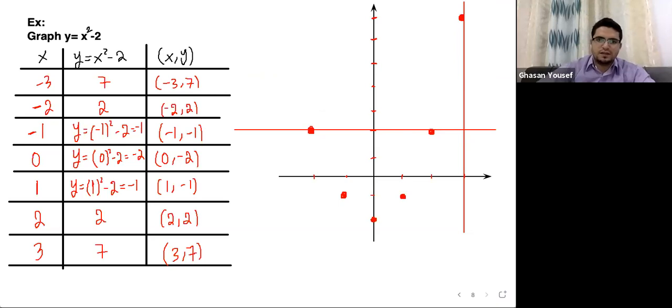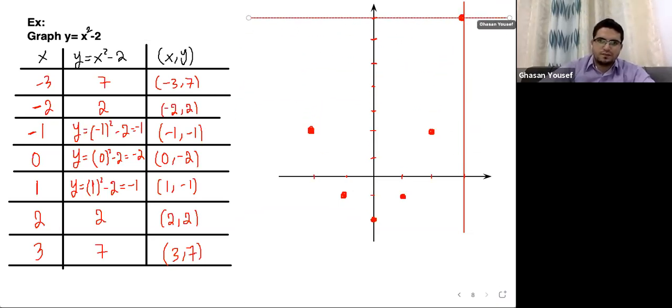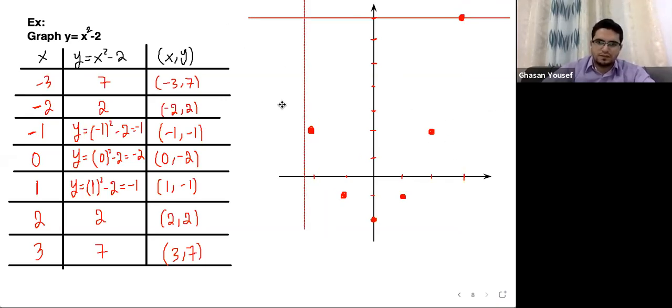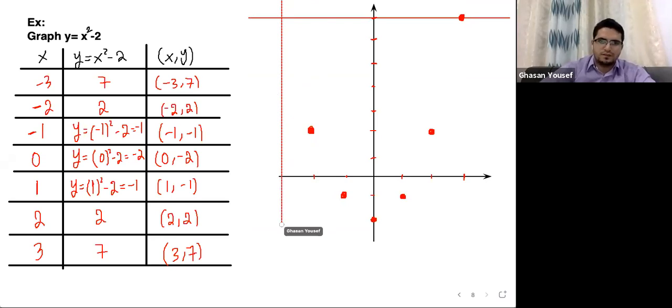Here's the -3 and 7. So the point will be around here. This is -3. Again, this is -1, -2, and -3.